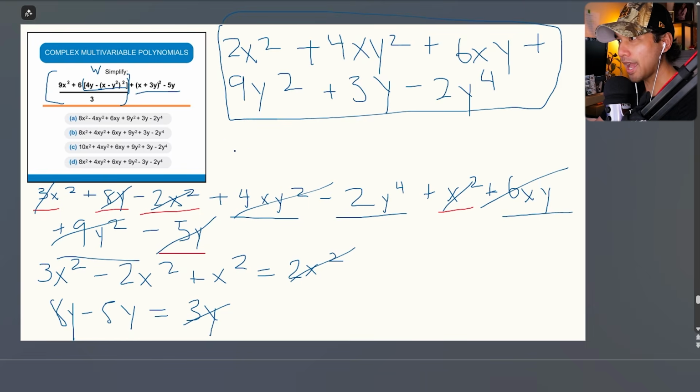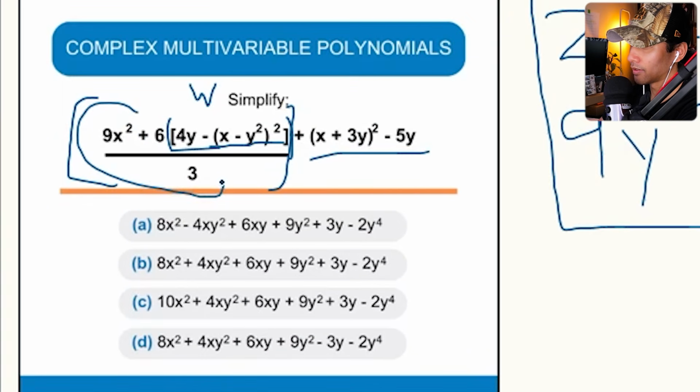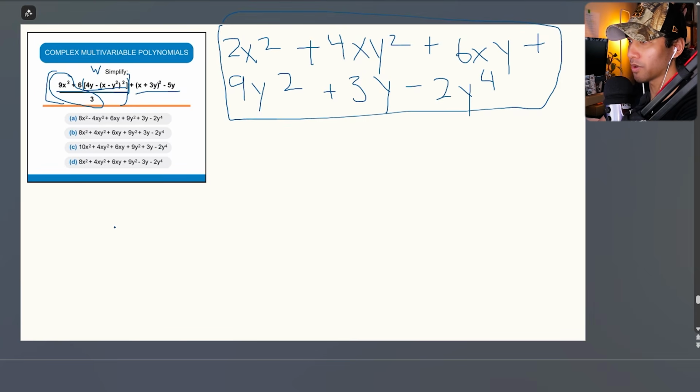Okay? What happened after working this out several times is this right here. I don't believe they meant to put the line over everything. What they meant to do was write the equation like this.